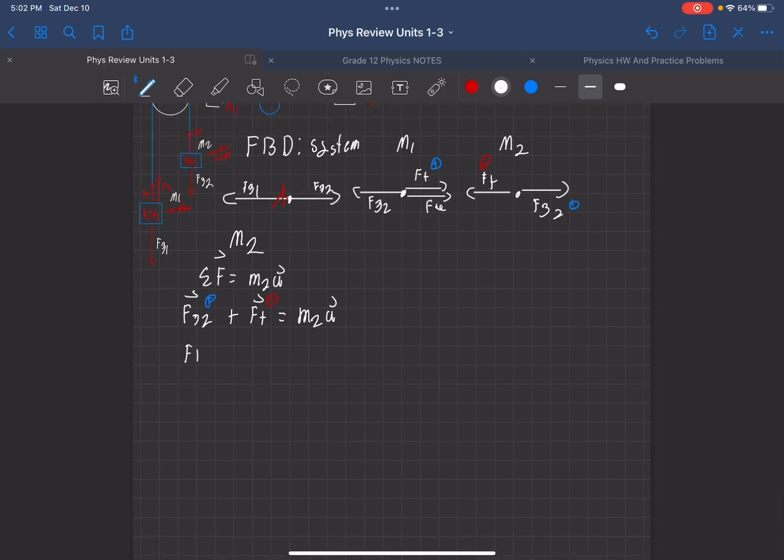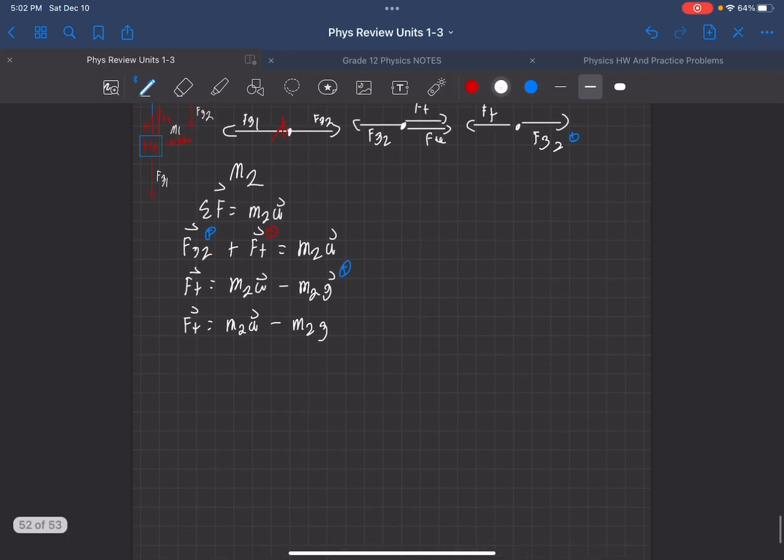We can say that this Ft is equal to M2A minus Fg2, or minus M2G. That is the same thing as saying Ft is equal to M2A minus M2G without the vector, right? Because this G is positive, so positive times a negative is still a negative. We can just get rid of the vector signs.